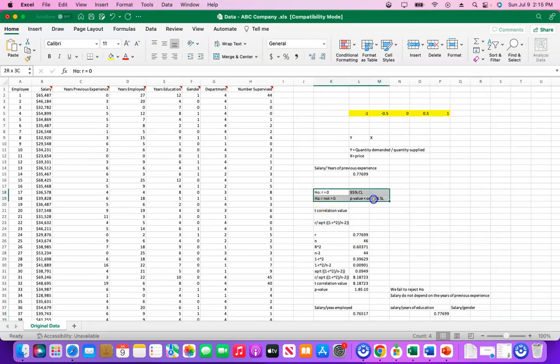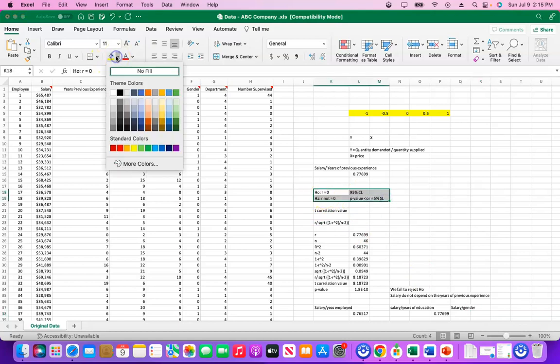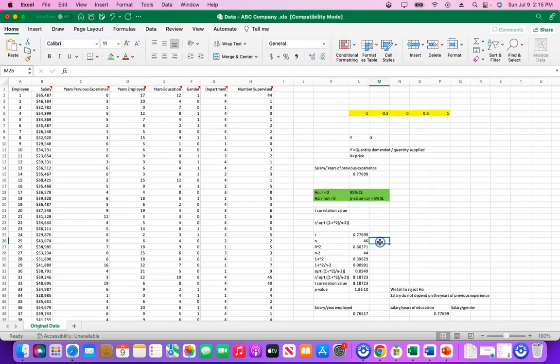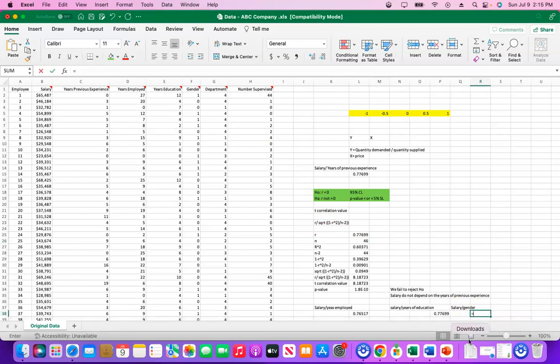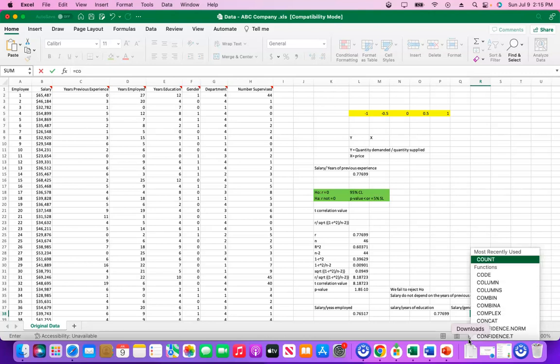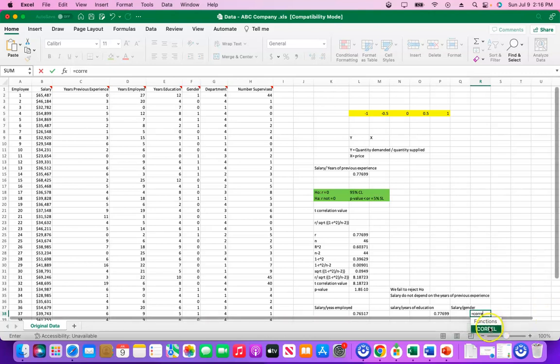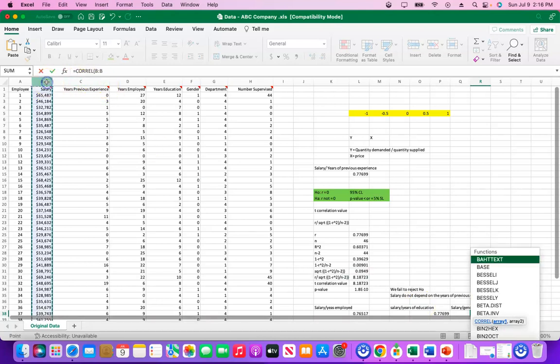Let me highlight our hypothesis. We are just referring to this hypothesis to test any kind of correlation. So in this case, we're going to select salary and then gender.